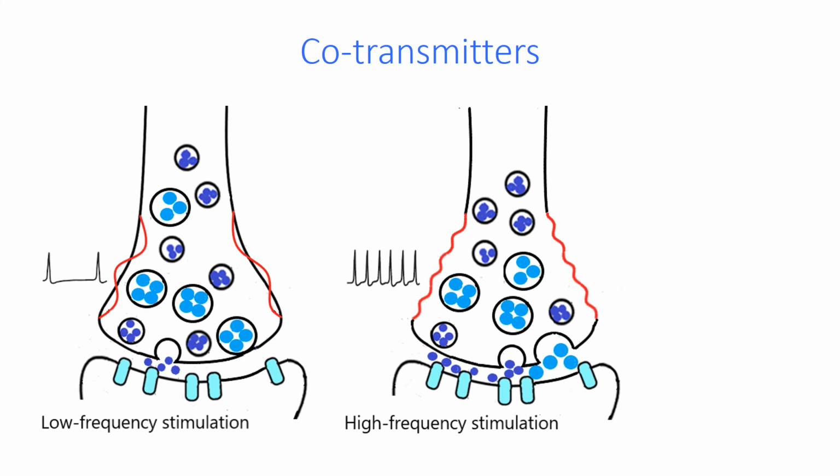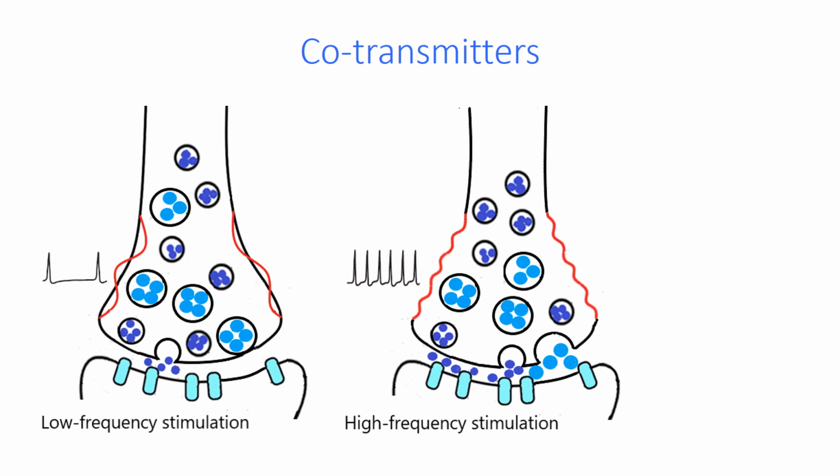It was believed earlier that every neuron produces only a single type of neurotransmitter. Now it is clear that many types of neurons synthesize and release two or more different neurotransmitters, which are called co-transmitters. They are packaged in different populations of synaptic vesicles and need not be released simultaneously.